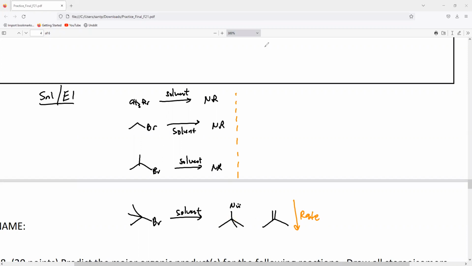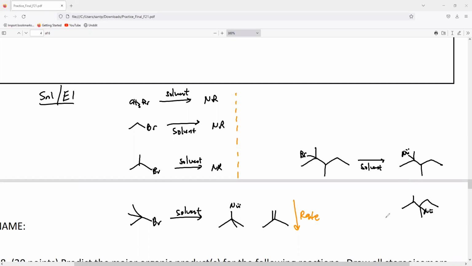Now, what makes it even more apparent what the intermediate is: let's say that I have a molecule that has 2 different tertiary centers, and I do this reaction with solvent. Not only do I get the addition of the nucleophile on that position where bromine is, but I also have some product where the nucleophile ends up next door. So the nucleophile rearranges.